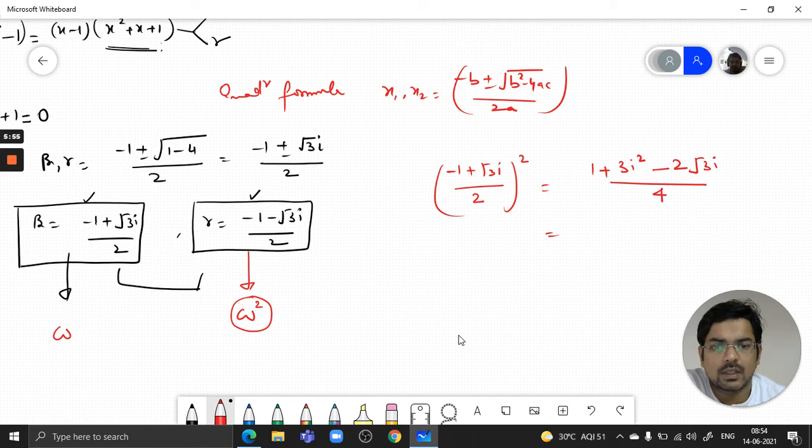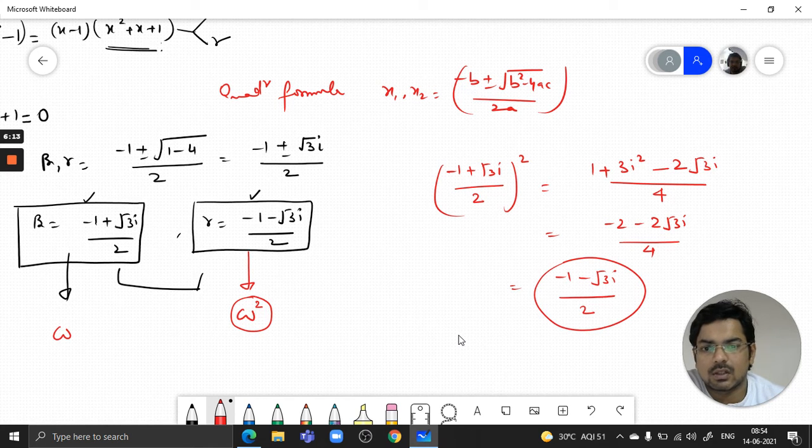This becomes minus 2 minus 2 root 3 iota upon 4. Taking 2 common from the numerator, we get minus 1 minus square root of 3 iota upon 2, which is gamma. So if beta is omega, then gamma is omega square.